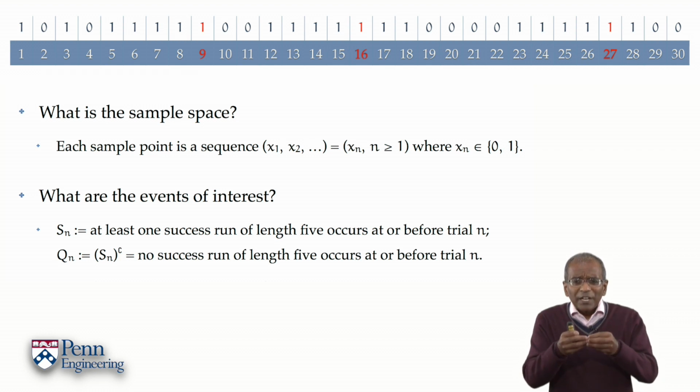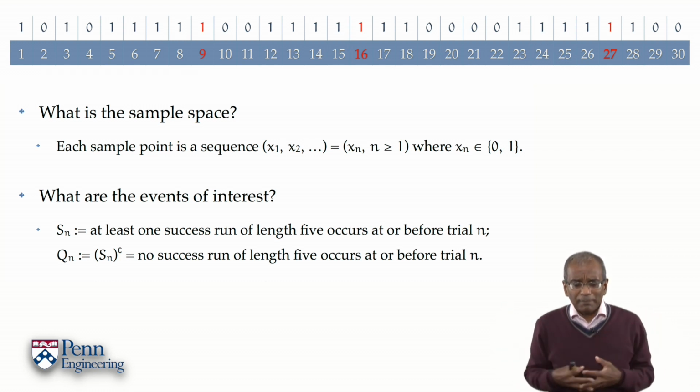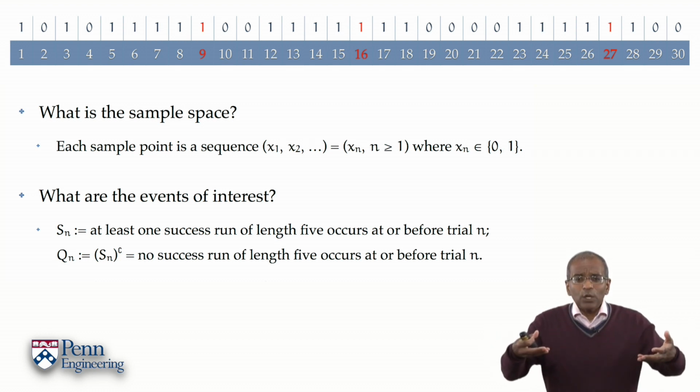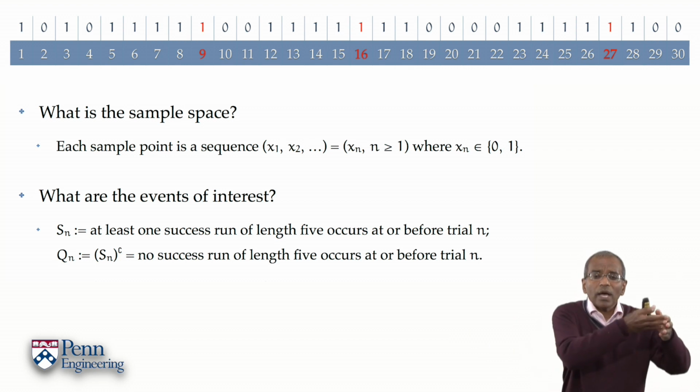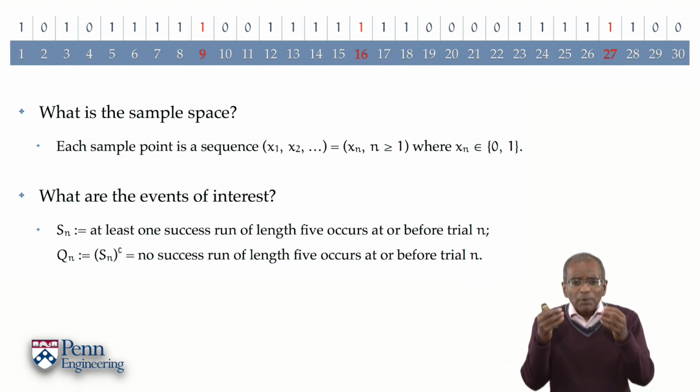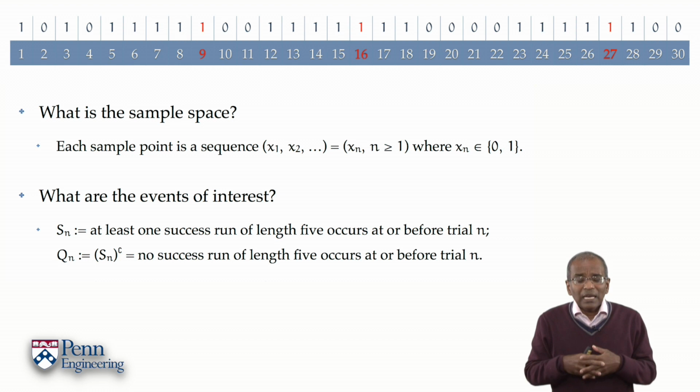But that looks like a very complicated endeavor. There are very, very many ways in which one could put in a consecutive sequence of 5 ones somewhere in a long sequence of n tosses. And tabulating and capturing all of them systematically looks to be a very difficult task.